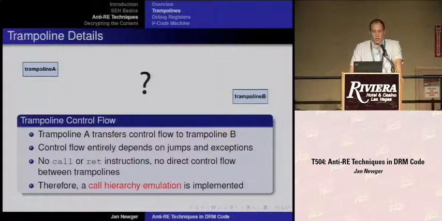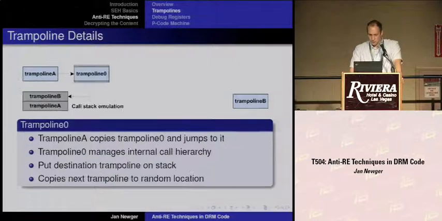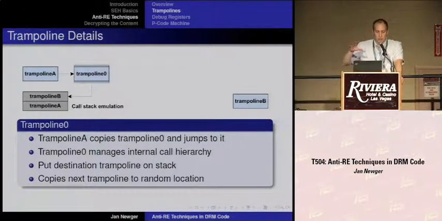And therefore, we have a call hierarchy emulation, because if you only jump to a trampoline, the trampoline being jumped to cannot just return because there's no return address on the stack. So trampoline A copies the trampoline 0 and jumps to it.